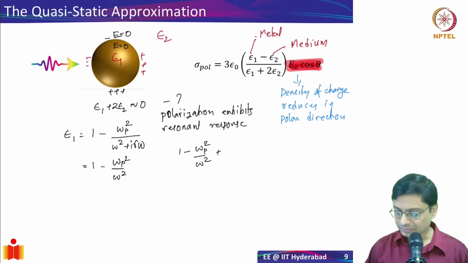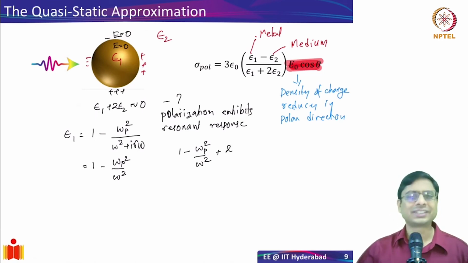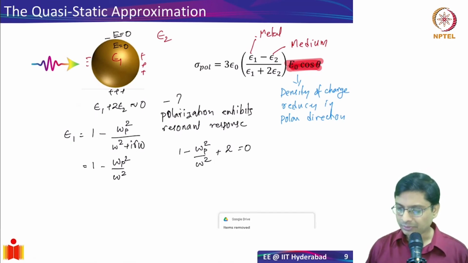Plus 2 epsilon 2. Epsilon 2, I said, is a medium, so let's consider that as air. Epsilon 2 as air, so 1. That is equal to 0. This implies 3 over omega, this goes to this side. So basically omega square equals omega p square divided by 3.